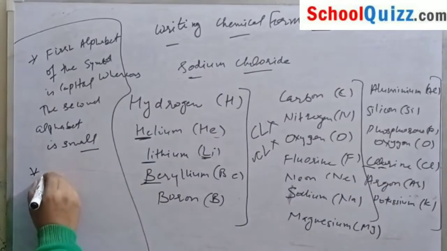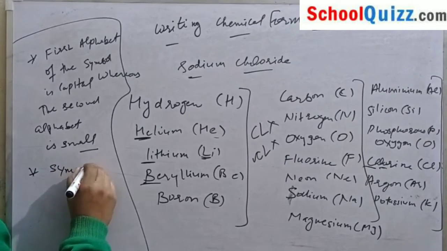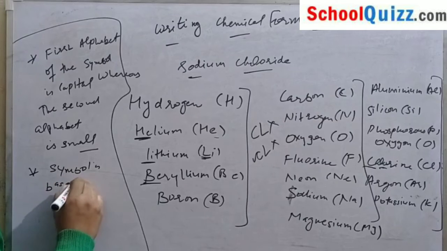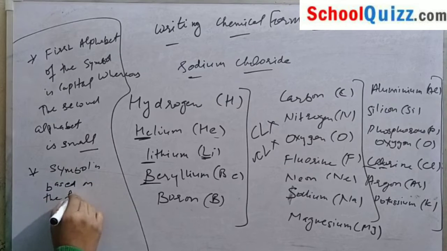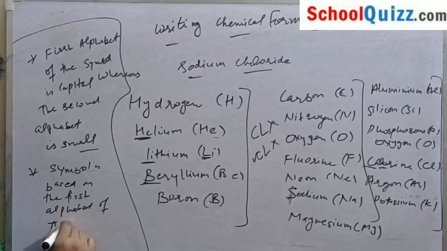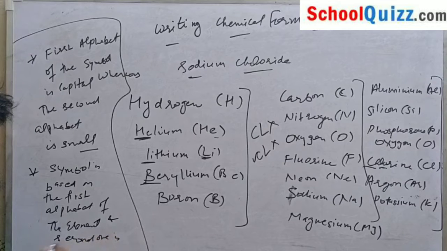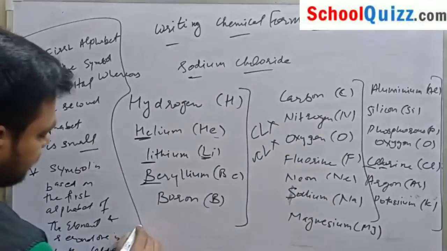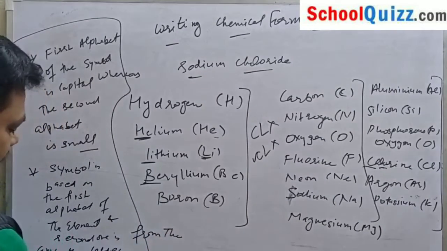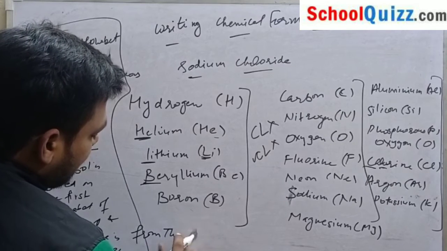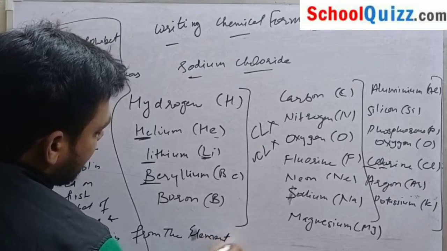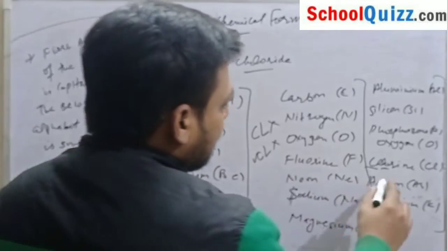So the symbol is based on the first alphabet of the element, and the second one is any other letter from the element, like chlorine, Cl.